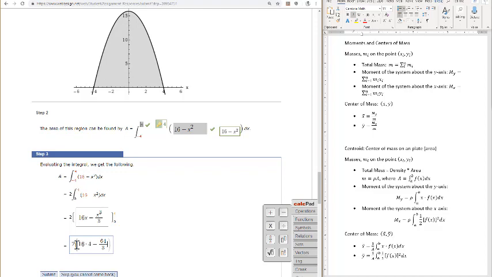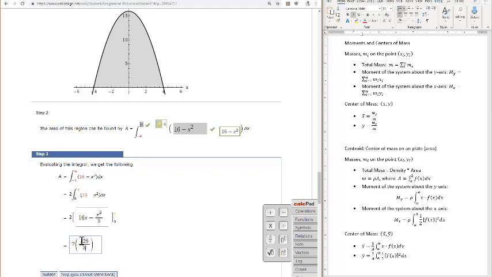So let's see if we can work all this out. This is 64. We're going to multiply it times 3 and then subtract. I think this is just going to boil down to 128 over 3.